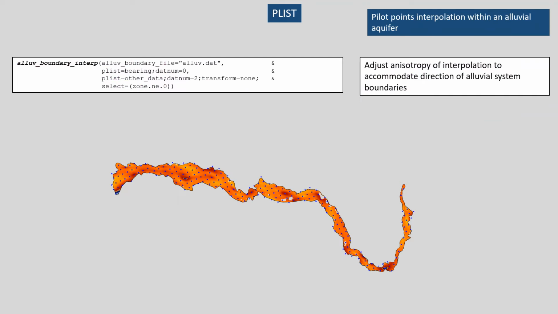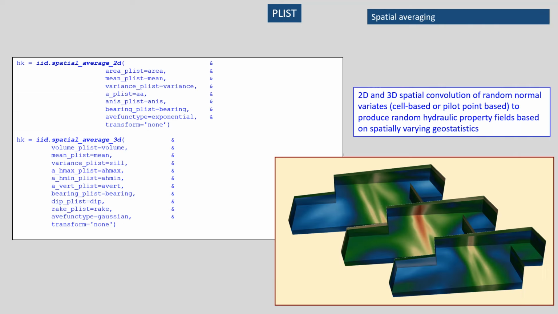One specialist PLPROC function allows interpolation down a narrow alluvial valley where anisotropy can change in accordance with the direction of the nearest boundary of the alluvial system. Still other PLPROC functions undertake spatial averaging or 2 or 3D spatial convolution.